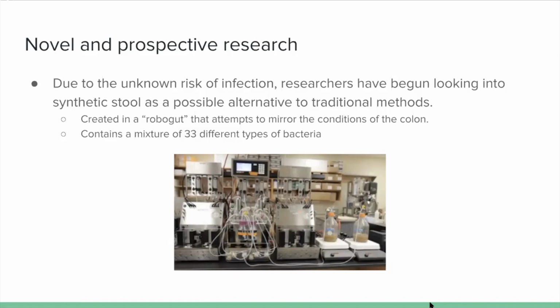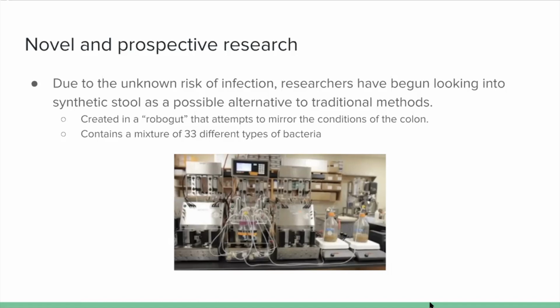So in order to avoid the possibility of this, some researchers have begun investigating whether synthetic stool can be an appropriate alternative. This synthetic stool is a mixture of 33 different types of bacteria that are created in a machine termed the RoboGut.